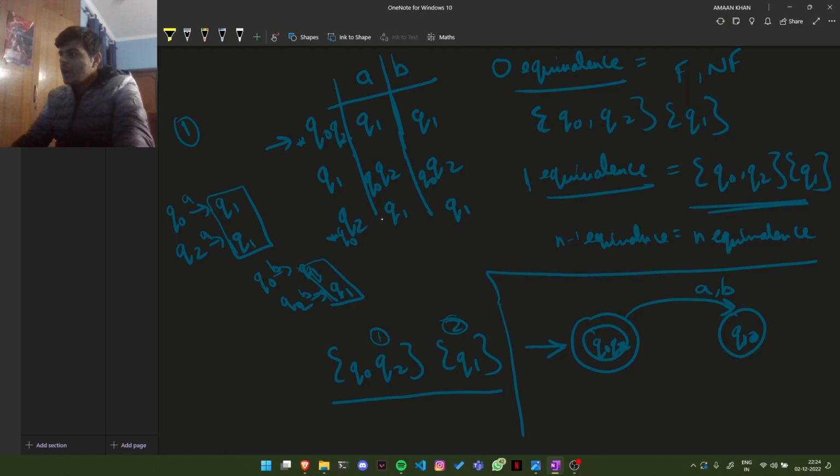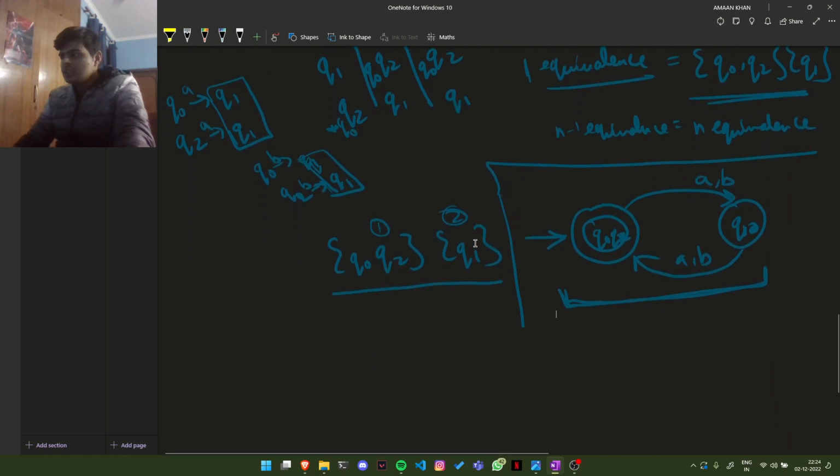All right, and then q1 comes to q0, q2, given A and B. So yeah, the same thing that I drew earlier. This is the minimal DFA that we have made. Okay. So this is the algorithm.